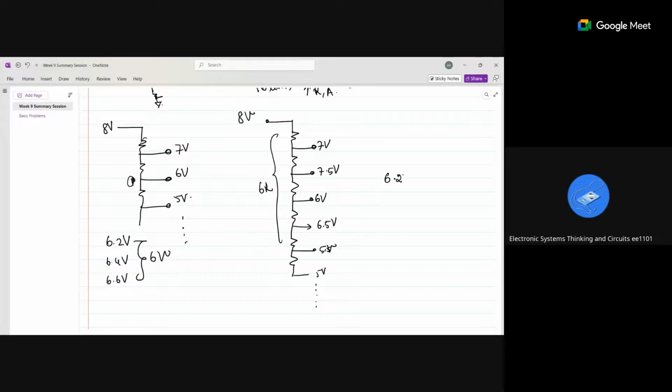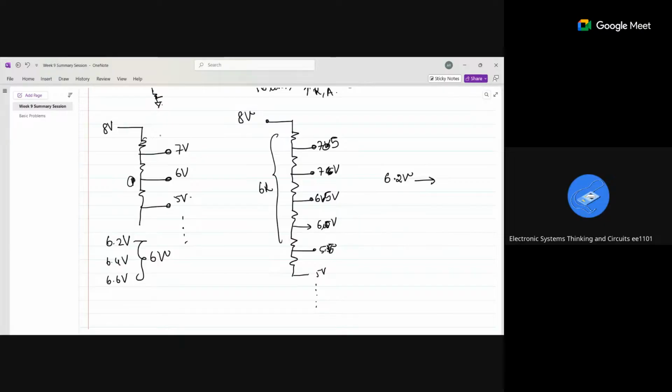So if I give 6.2 volts to this circuit, what will my flash ADC give? How will it detect it? Is it confusing?